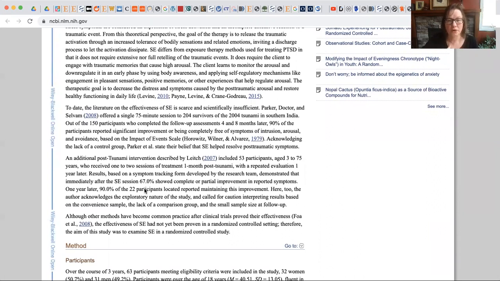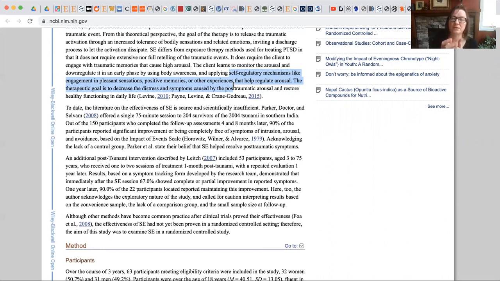So to lower that arousal, using body awareness and applying self-regulatory mechanisms like, and so here's what he's saying here, self-regulatory mechanisms like engage in pleasant sensations, right? So I might drink a cup of warm tea. I might think about positive memories. I might take a bath. I might stand outside in the wind if I like the wind. Other experiences that help regulate arousal. So the idea is calm, calm, calm.